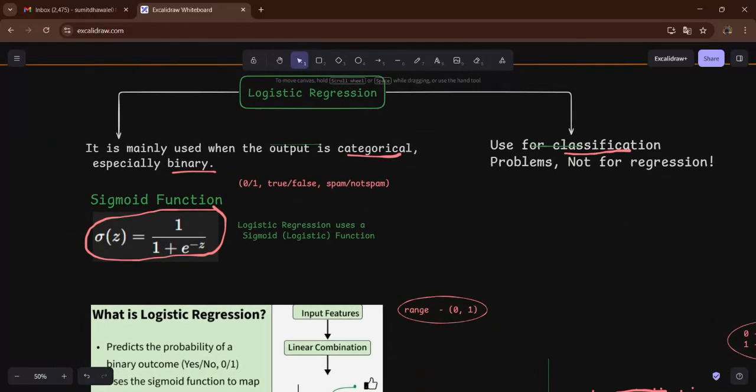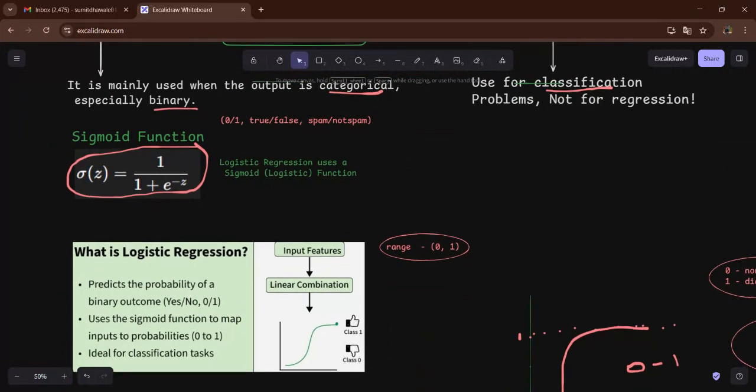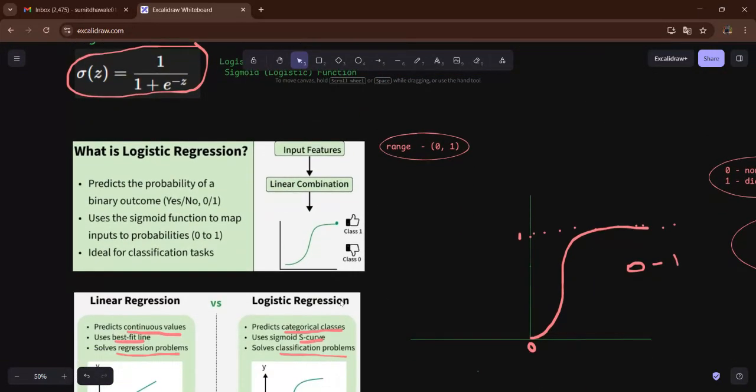I hope you have got a bit of an idea how logistic regression works, for which use cases we can use logistic regression and for which use cases we can use linear regression. So you might have got the difference between linear regression and logistic regression.